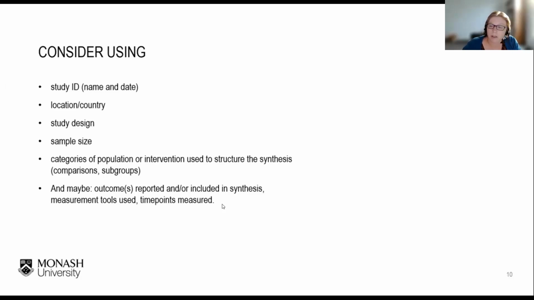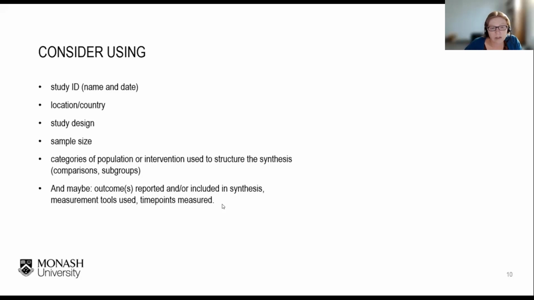You might have different comparisons, so different intervention types that are set up in separate analyses. You might have key characteristics that you're looking at in your subgroup analysis. And those are the characteristics that will be most helpful to people as they're reading the results. They can flick back and see which studies are sitting in which categories and how things are being grouped together.